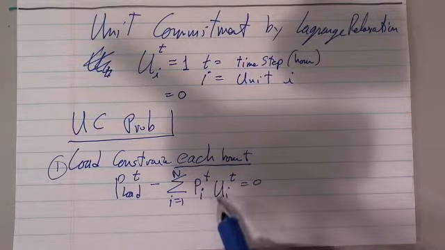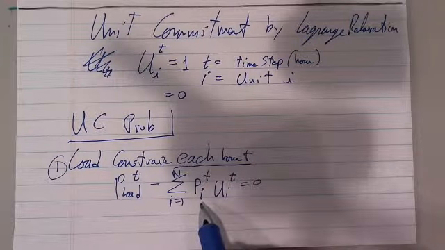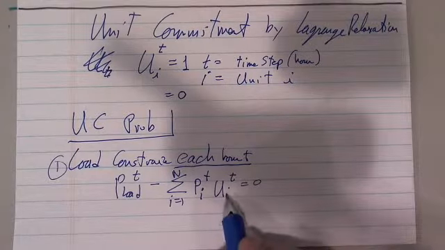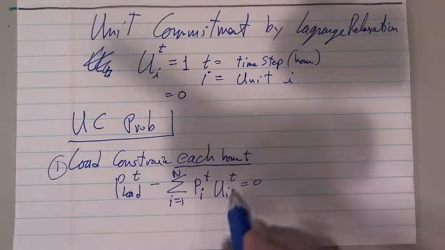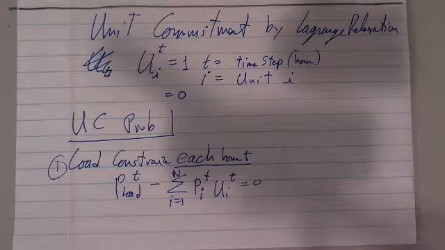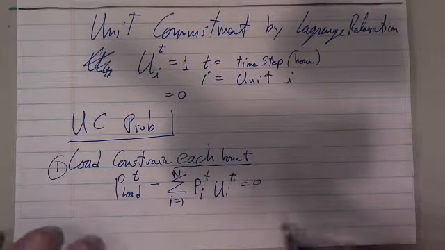We want the sum of the output of all the units at a particular hour, only those units which are on, so I only need to look at the ones that have a 1 here, and the sum of those units has to equal the load. Well, that's our economic dispatch, but it's resolved every hour, every time step t.